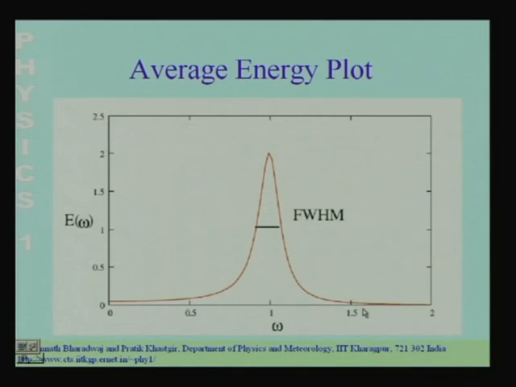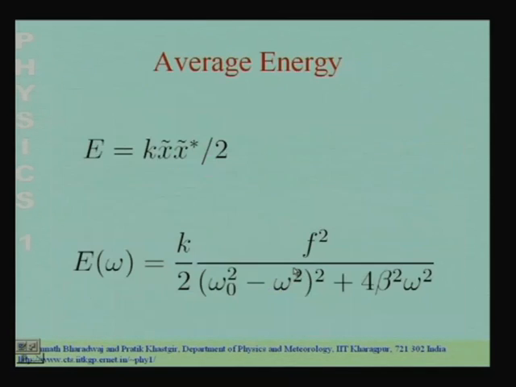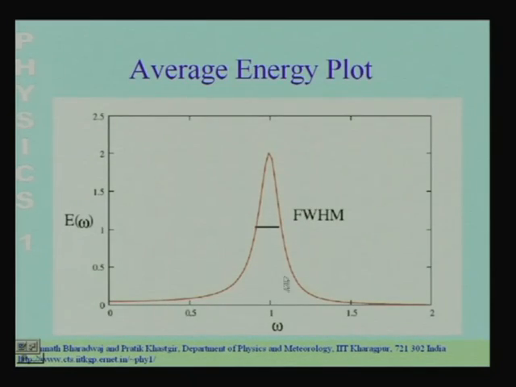If I were to drive the oscillator with an external force of constant amplitude, and if I were to slowly vary the frequency of the external force, and for every value of the frequency, measure the energy in the oscillator, I would get a curve which would be governed by this expression, and it would look like this.